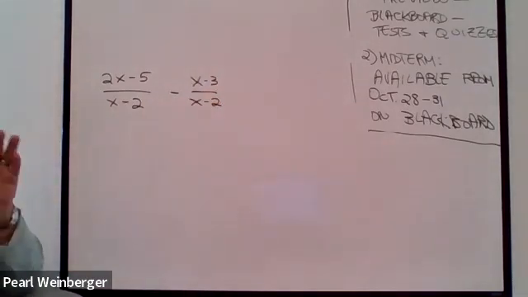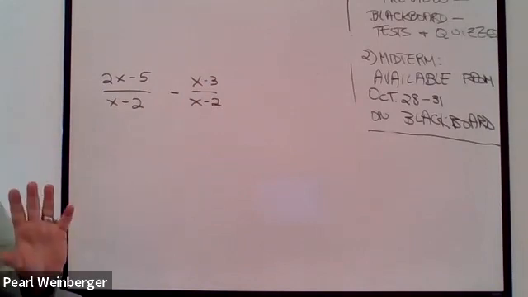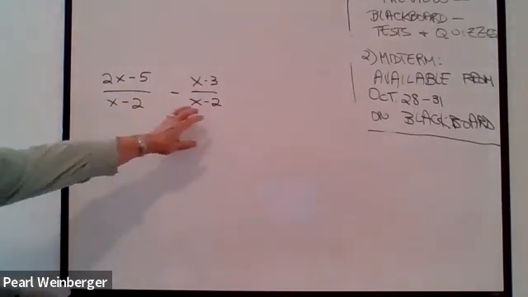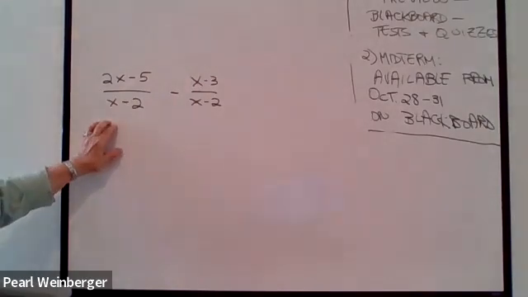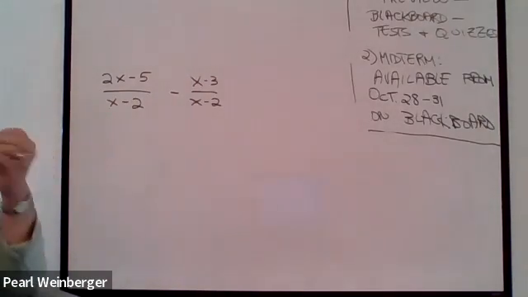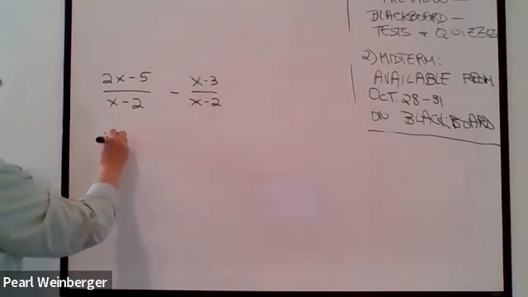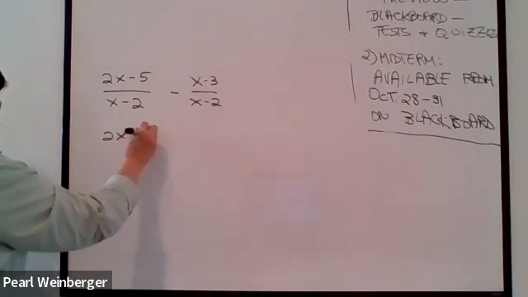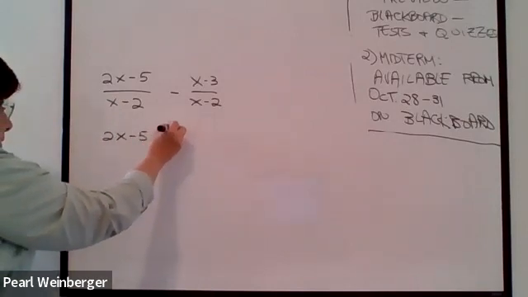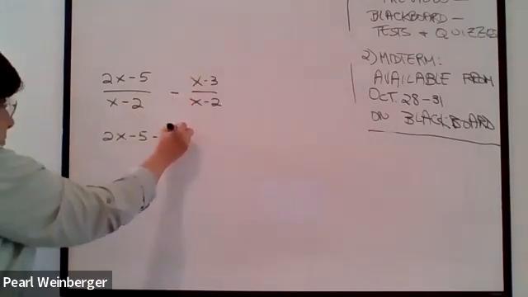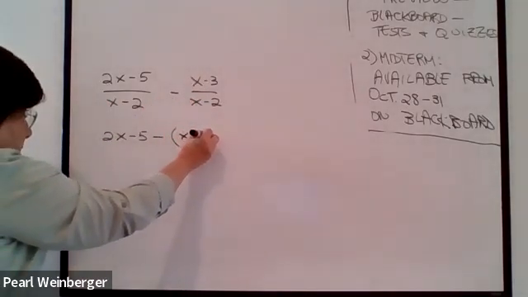Okay, again, we have a common denominator. Our denominators are both x minus 2, which means now we're just going to be working with the numerators. We're going to take the 2x minus 5 and subtract. Now notice I have to put it in parentheses, the whole x minus 3.